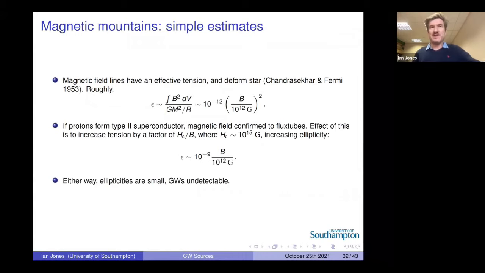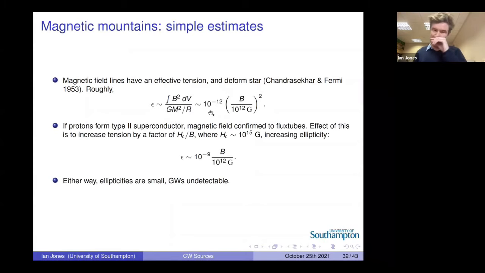The reason that they produce mountains at all is that if you've got a magnetic field in a fluid, you get a Lorentz type force acting on the fluid. You can think of it as like a tension force acting along the magnetic field lines. It turns out that the ellipticities that you get from magnetic fields come from taking the ratio of the magnetostatic energy, the thing in the numerator of this equation here, to the gravitational binding energy, the thing in the denominator.